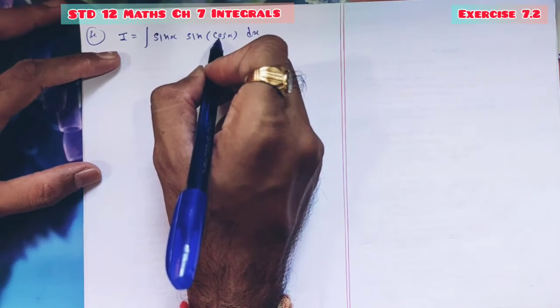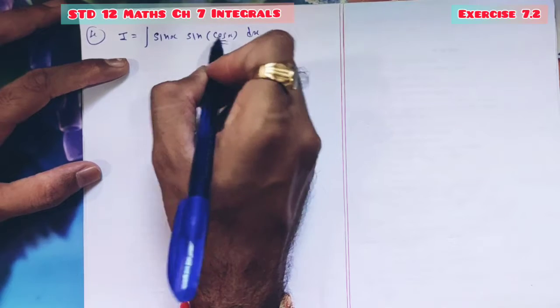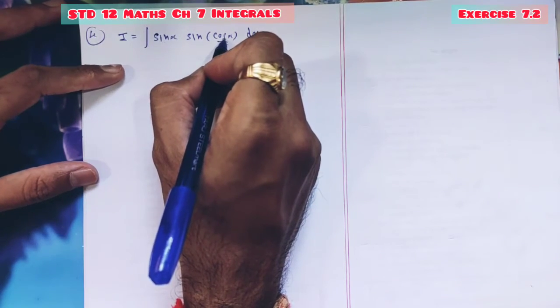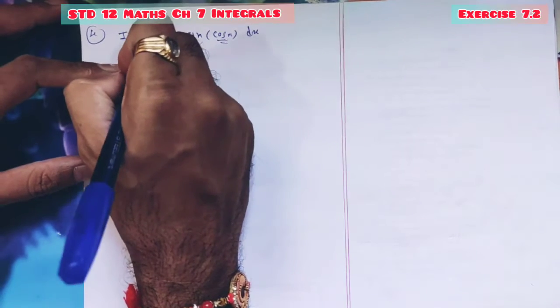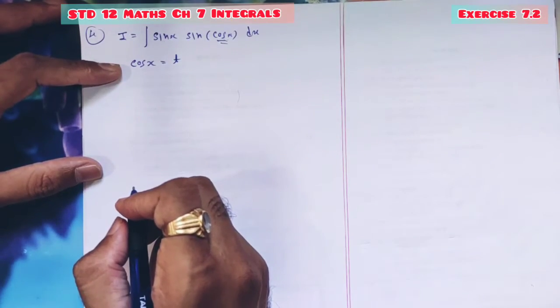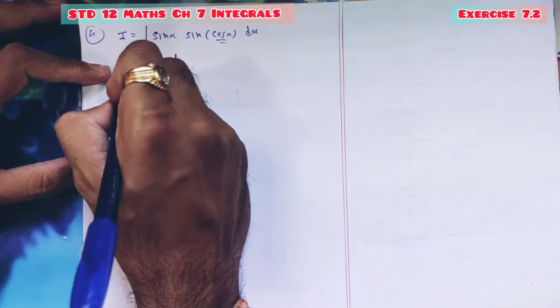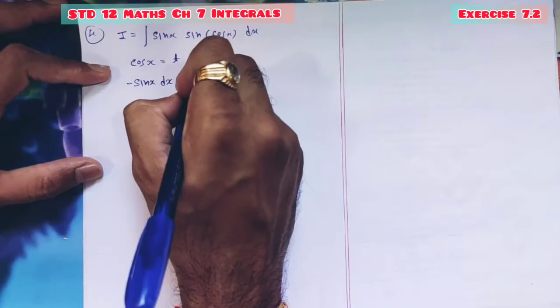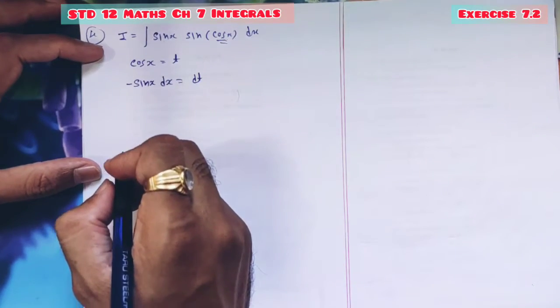In the function we are getting the differentiation of this part, sin x differentiation cos x. So we have to consider this cos x as t. So cos x equal to t. So taking differentiation on both sides, it's minus sin x dx equal to dt.